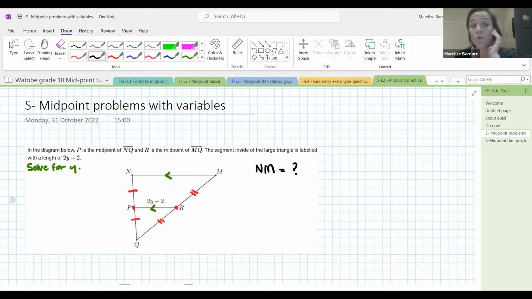NM isn't equal to PR. NM is 2 times PR. Yes, that's right, Mayenzi and Chinamiram. Chinamiram has worked it out for us already. Double 2y plus 2.